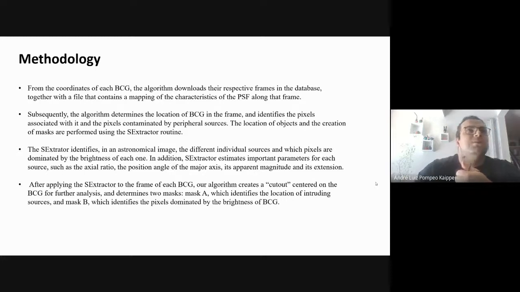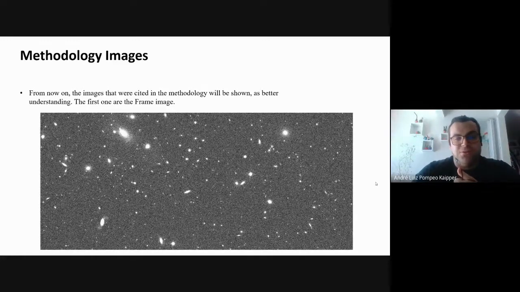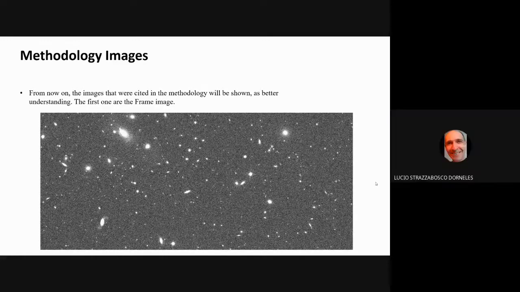Until now, I only read the text, but now I will present some images for your better understanding. The first one is the frame image. These are the images that I downloaded from the database. As you see, it's a huge image to work on.